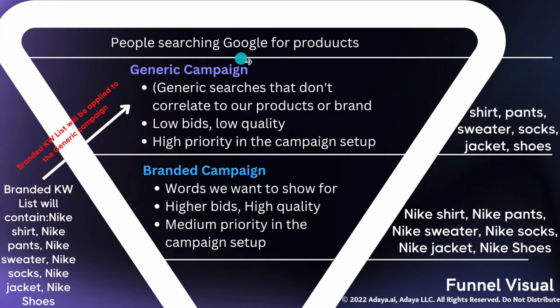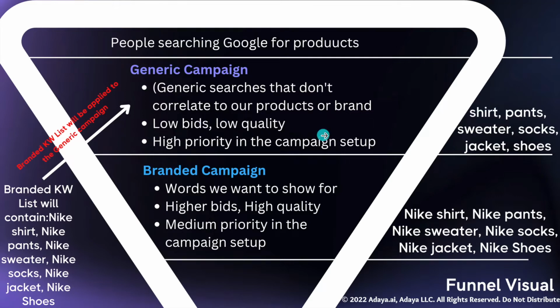This is where people have a very small ability to find us, right? They're searching for things, let's say clothing, for shirts, pants. We can say maybe athletic pants, athletic shirts, workout shirts, running sweater, right? I'm just thinking of things that correlate with Nike that people aren't really searching specifically Nike for, right?